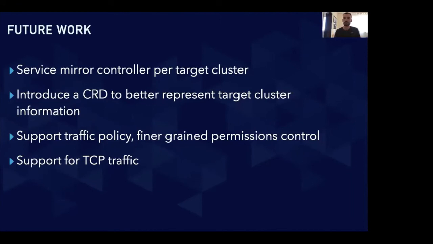Hopefully that makes debugging easier and reduces the cognitive luggage that one needs to carry when dealing with multiple clusters. We are also going to introduce a CRD to better represent the target cluster information, because currently it's represented through a bunch of annotations on both services and Kubernetes secrets. Now we're going to consolidate that and use a CRD.